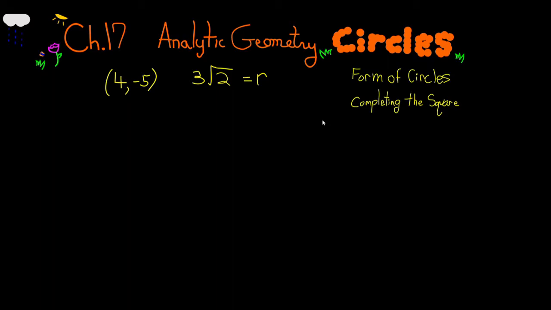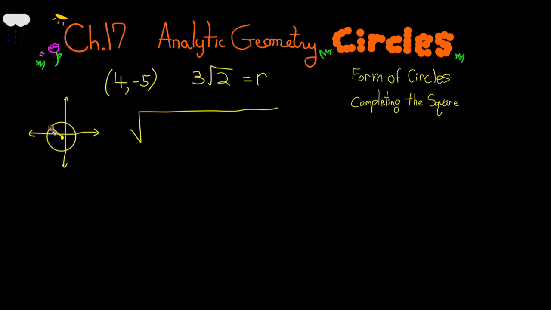So we can use our distance formula here. And we know that the distance formula's answer will be the radius for any point on a circle. From our center point to any point on the circumference of this circle, the distance is 3 root 2. So we're going to use this fact to make a distance formula that works for every single point on this circle.